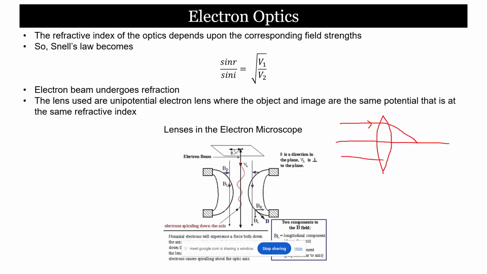But in scanning electron microscopy, the optical axis is the vertical axis, where the lenses are present and the electron beam travels this vertical path.